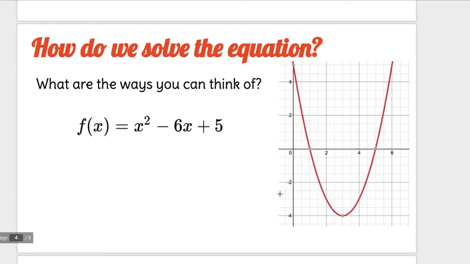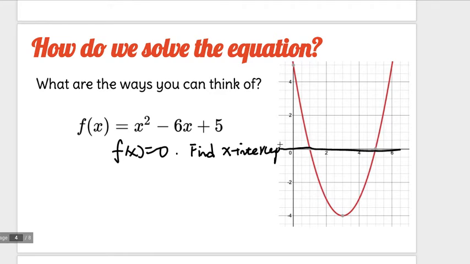As you can see, just now we said we can definitely use a graph. For example, I want to solve this equation. Then we can definitely find the x-intercepts. So this is one way: find x-intercepts.